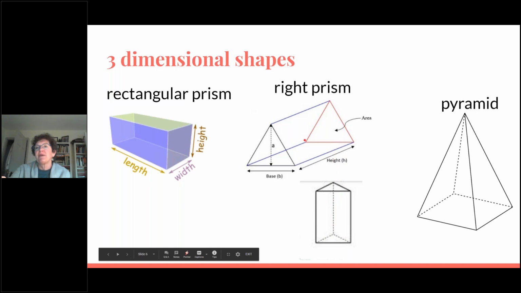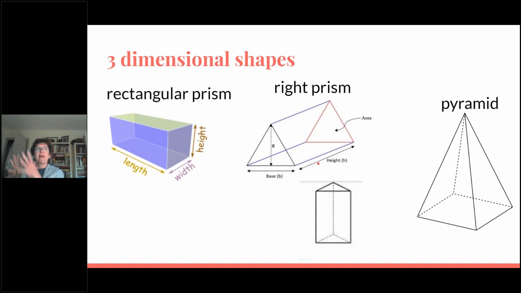In this prism, which is the exact same shape, it's just turned on its side, you would think of this rectangle as being the base. And it really doesn't matter which way you do it because you're going to use all the same numbers and multiply them. So whichever way you do it, it's going to work out.